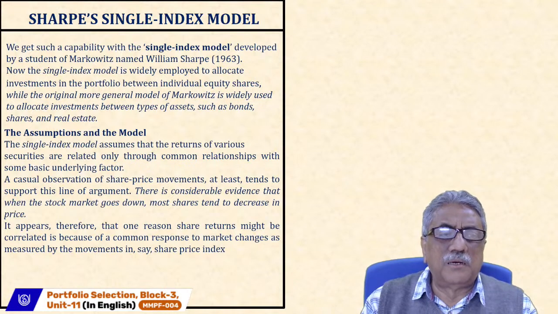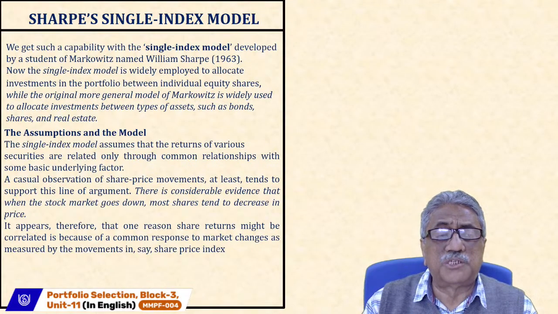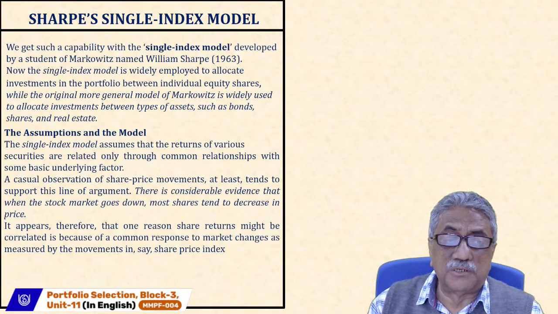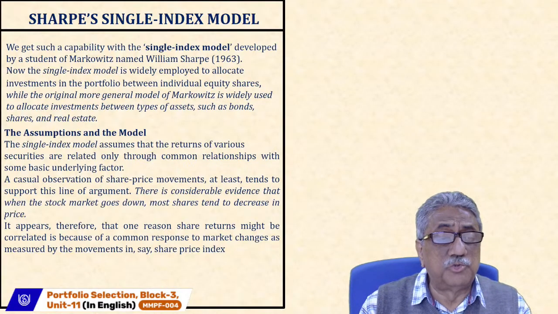For an example, I am telling budget. So stocks will move and give returns, suppose between today's beginning and today's end. That is your return. So return on the securities will be related only through a common relationship with some basic underlying factor. What is that? There is a budget declaration. In the budget, for some it is good news, for some bad news, for some the news is confused.